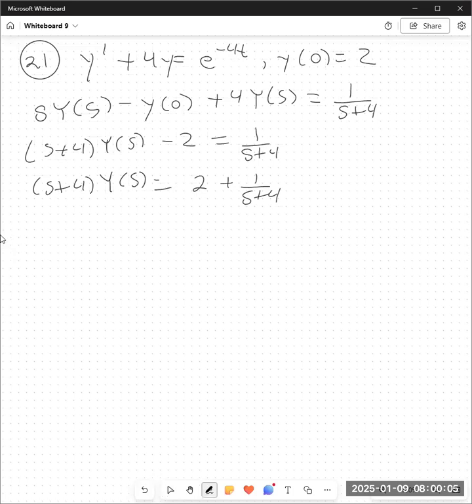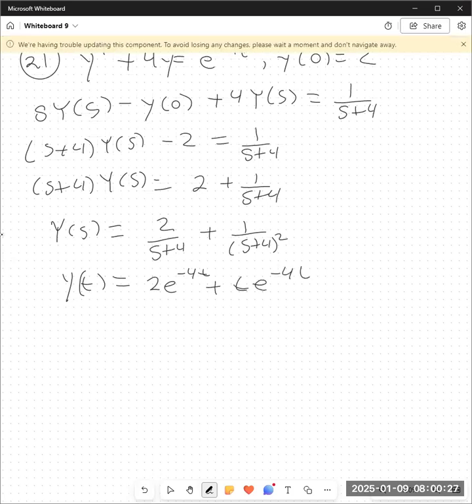And then capital Y of s equals 2 over s plus 4 plus 1 over quantity s plus 4 squared. So y of t is equal to 2e to the negative 4t plus t e to the negative 4t.